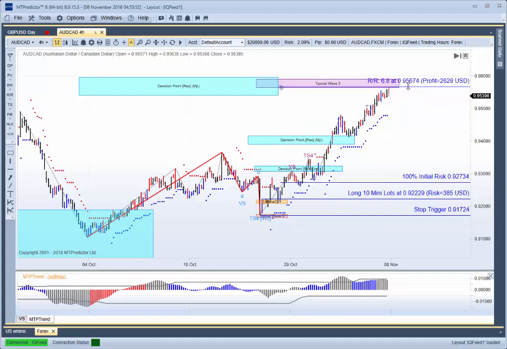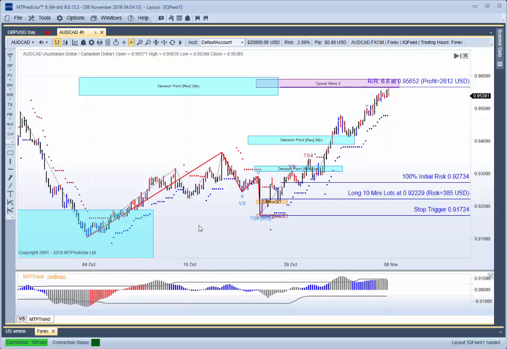But this is why it's so hard, I think, trading, and why so many vendors make it sound so easy, but actually in reality trading is hard. Not necessarily the mathematics of what we do in MTPredictor, but actually the psychological games that the markets play with your mind as you're sitting through trades.